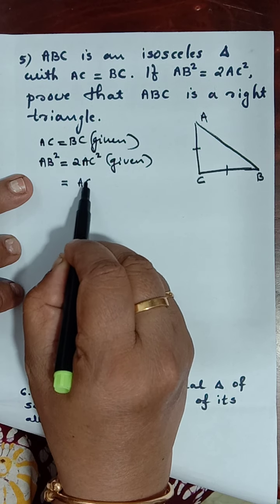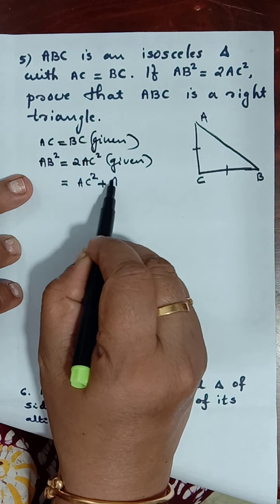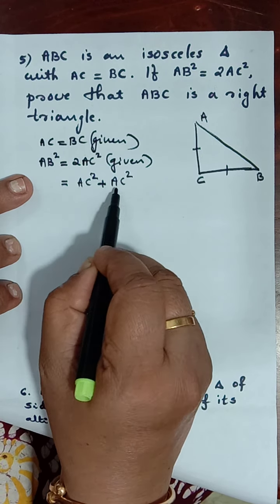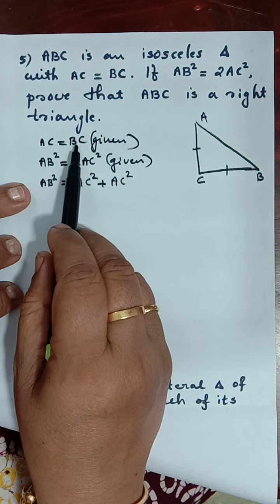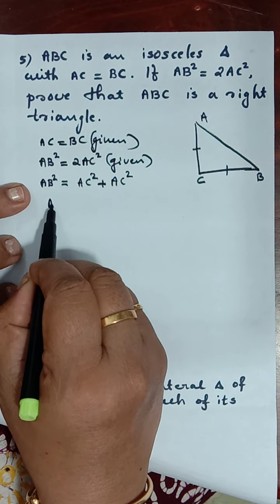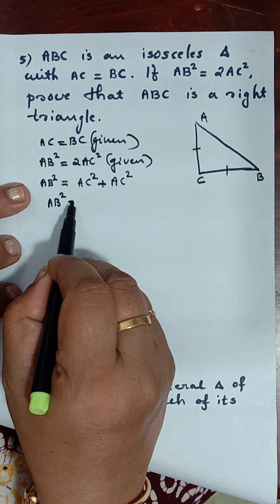Shall we write it as AC square plus AC square? 1AC square plus 1AC square has become 2AC square. So I wrote 2AC square as AC square plus AC square. So instead of AC, shall we write AC equal to BC? That is how we have to substitute in the next step.